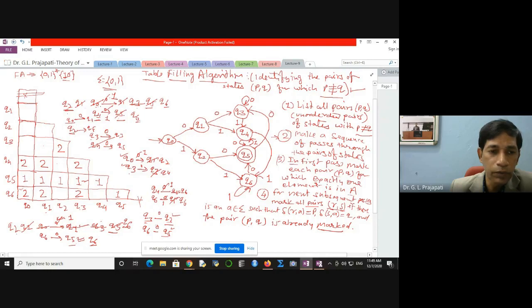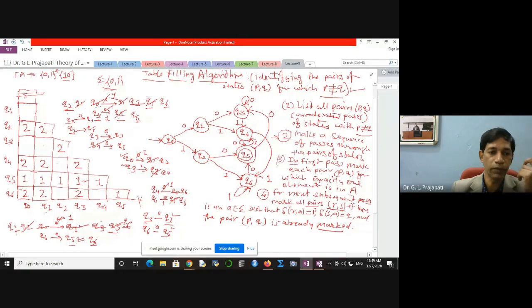So Q0 and Q2 you have to mark in the second pass. Similarly, you can go for Q1 and Q2. From Q1 on 0 you are going to Q3, and from Q2 on 0 you are going to Q5, and Q3, Q5 is marked. So you have to mark this pair also, Q1 and Q2.